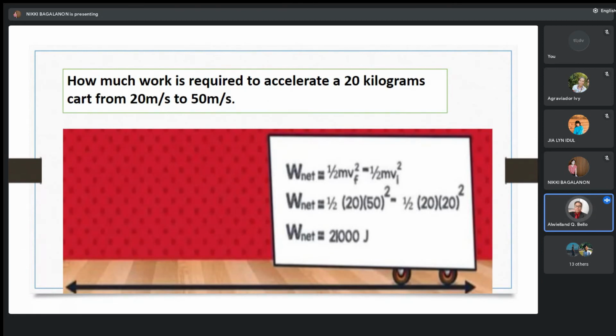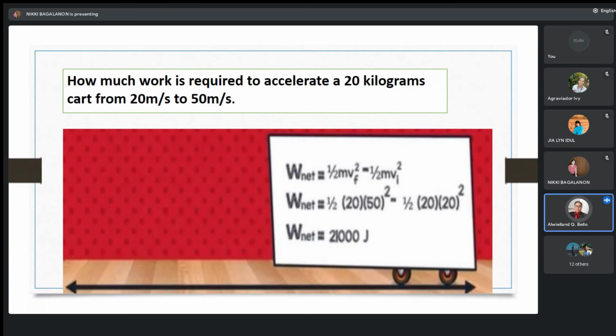Kinetic energy is directly related to your speed or velocity, and you square it. So the faster your object, the higher its kinetic energy.